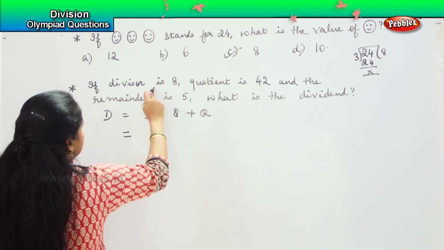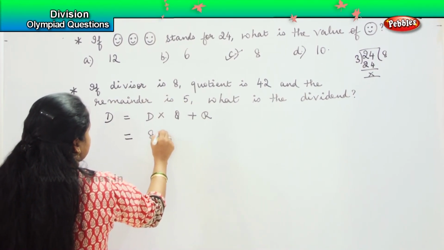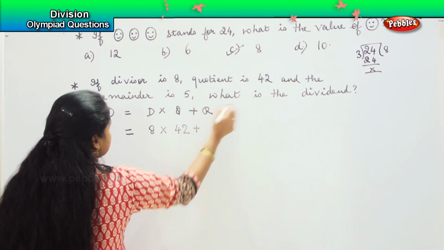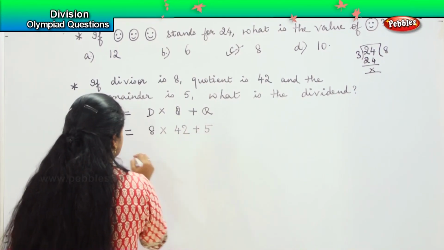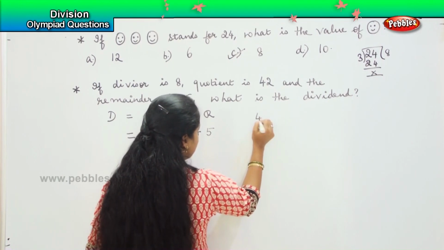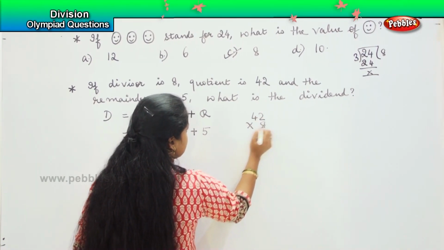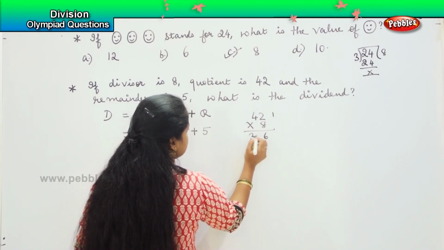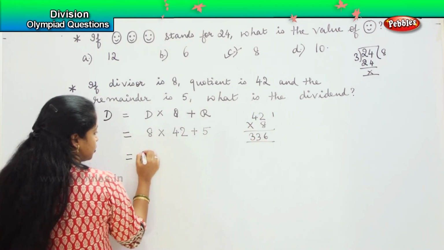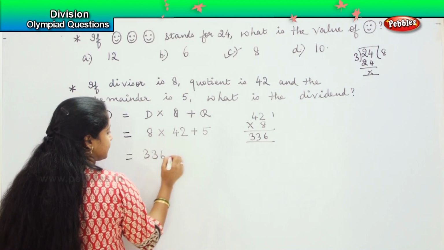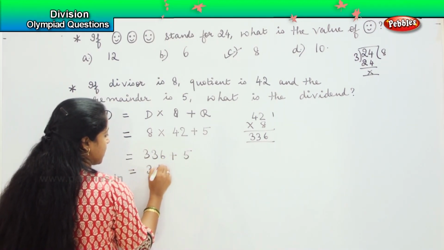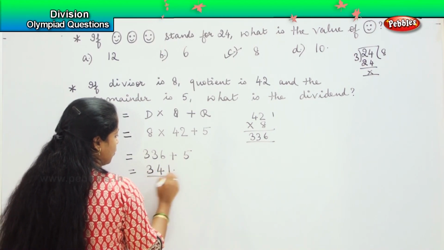So my divisor is 8, my quotient is 42, and my remainder is 5. So 42 into 8. 8 2s are 16, 4 8s are 32 plus 1, 33. So 336 plus 5, which is equal to 341.